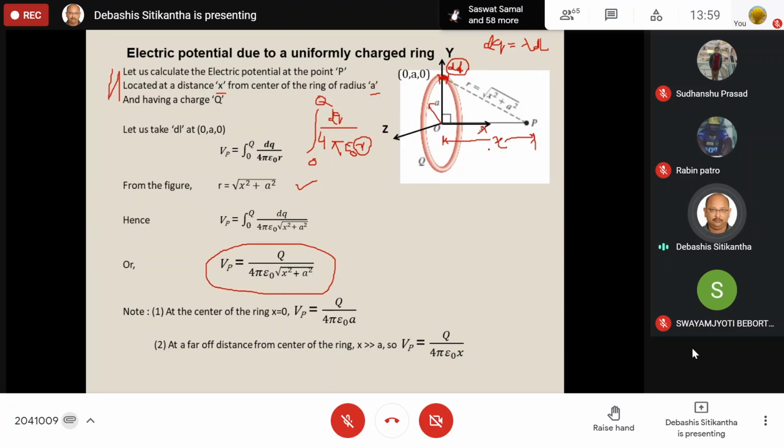Next, if x is at a very far distance, such that x is much greater than a, since these are square terms, obviously I can neglect a square in comparison to x square. So ultimately what I am going to get is Vp equal to Q by 4 pi epsilon 0 x.